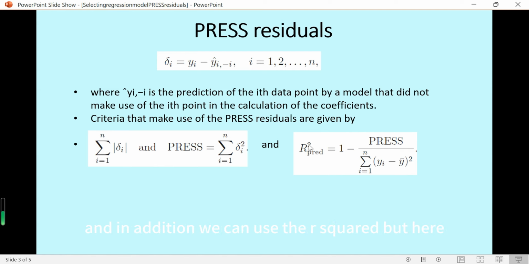And in addition, we can use the R squared, but here the R squared is called prediction R squared. So it is a coefficient of determination, but we use the PRESS residual squared, the sum of squares, instead of SSE in the usual case. So this value is also between 0 and 1.